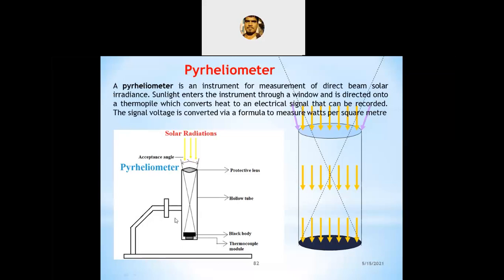Whatever energy we use to heat that strip is indirectly equal to the energy from the solar radiation that heats the other strip. So the energy that heats one strip by solar radiation is equal to the energy used to heat the other strip electrically.